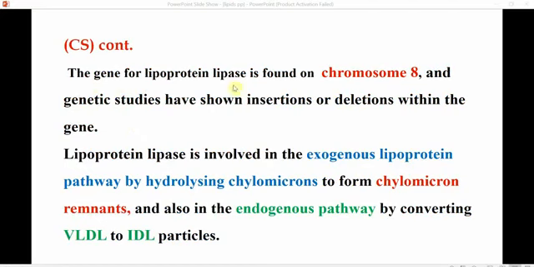The gene for lipoprotein lipase is found on chromosome 8, and genetic studies have shown insertion or deletion in this gene location. Lipoprotein lipase generally is involved in the exogenous lipoprotein pathway by hydrolyzing the chylomicron, as we said earlier, which represents the exogenous triglyceride, to form chylomicron remnant, and also in the endogenous pathway to convert VLDL to IDL particles.